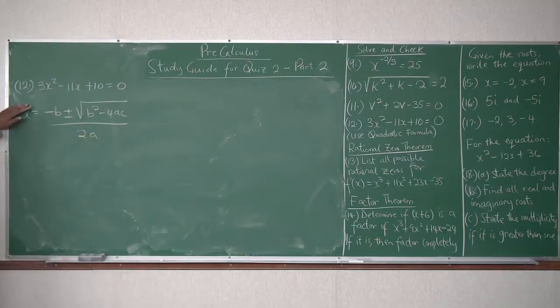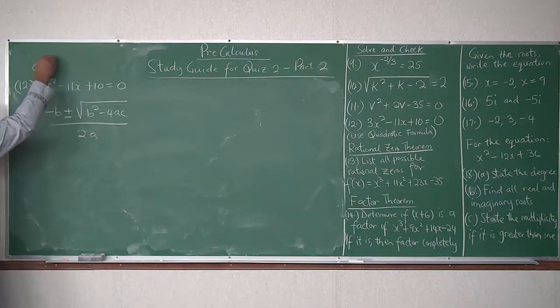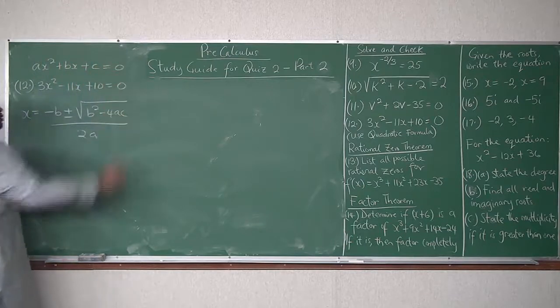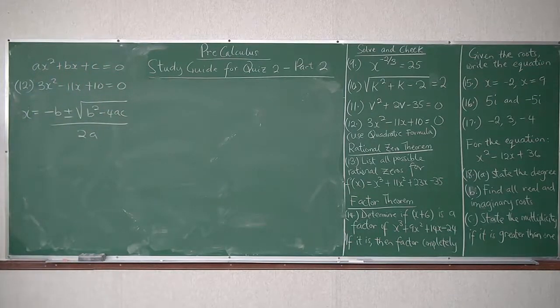That is the quadratic formula. So what is your a? If you compare with ax squared plus bx plus c equals 0.